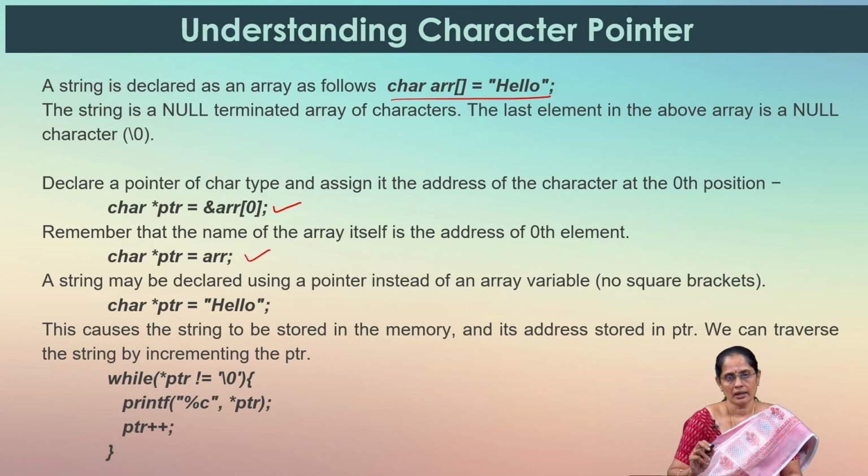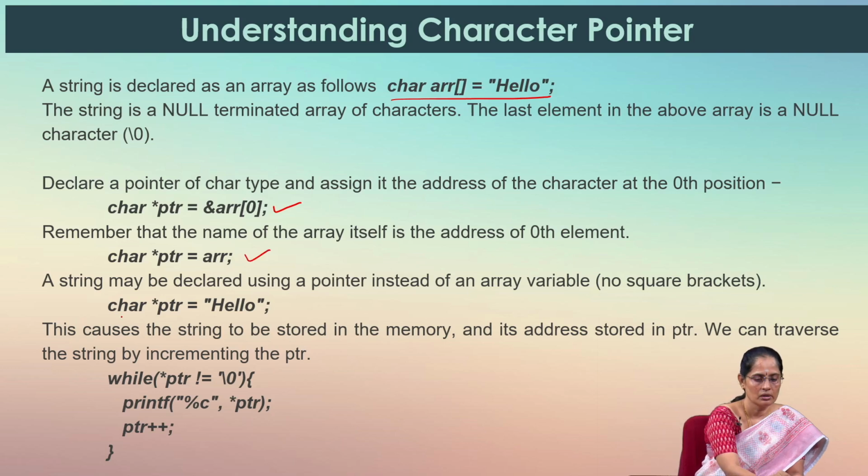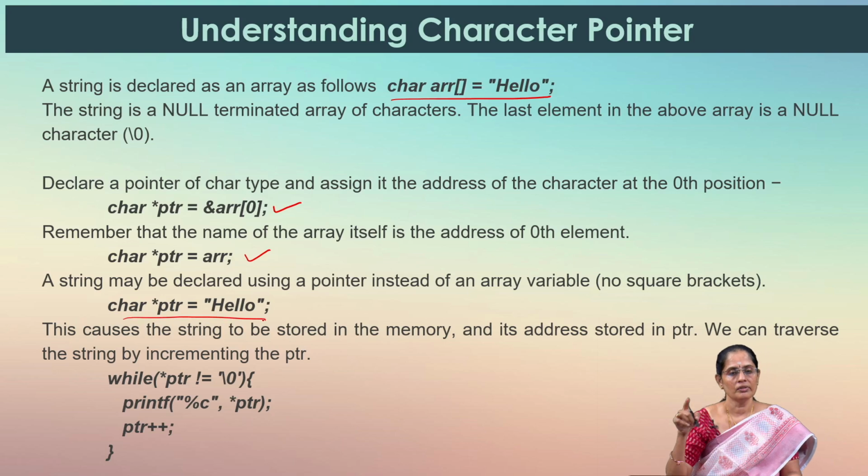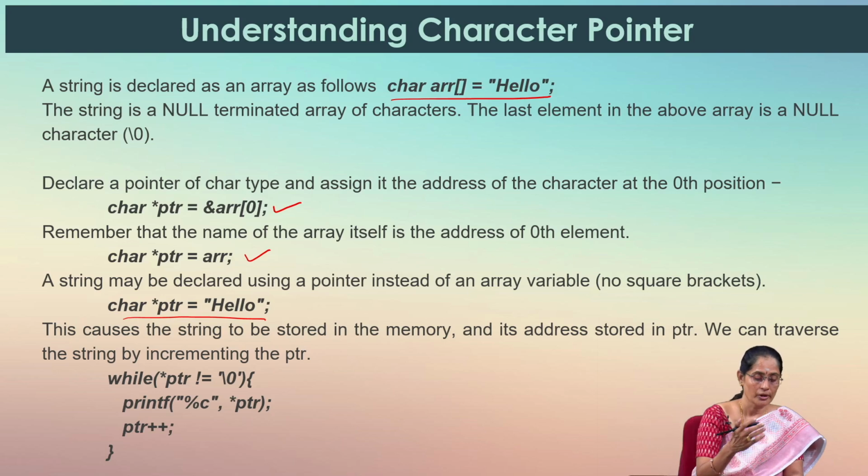A string may be declared using a pointer instead of an array variable. Using that way, you can even store a complete string enclosed within double quotes. This actually causes the string to be stored in memory as an array, and its address will be pointed to by ptr. We can traverse a string by incrementing the pointer value.